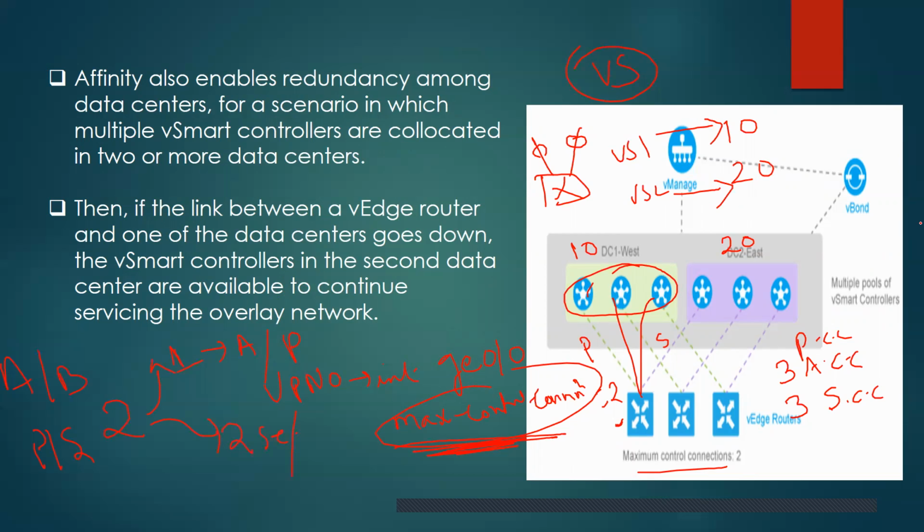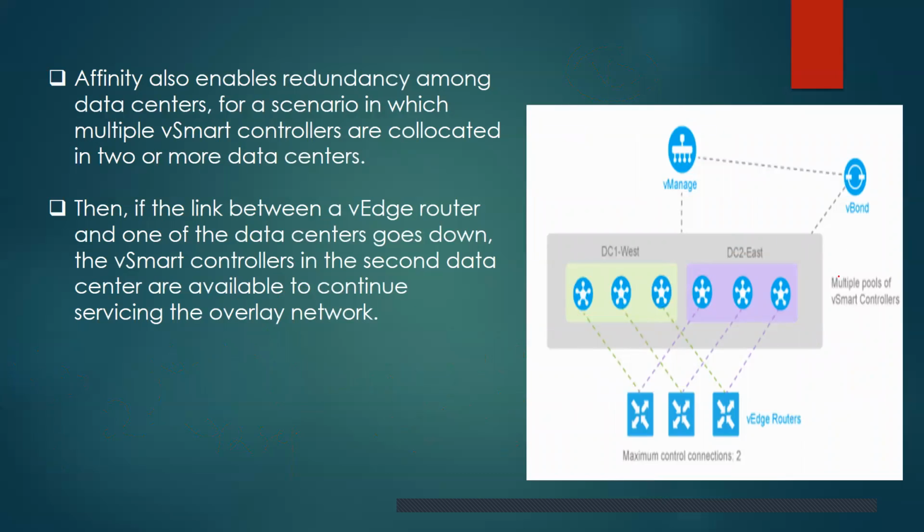Then I will go to the edge device and configure it. Let me clean this so you understand more. I will create two groups, say group 10 and 20, although we have only two vSmarts, so no problem. One vSmart is part of 10, one is part of 20, right? Then I have to configure the edge device. I will tell it that this is the primary and this is the secondary.